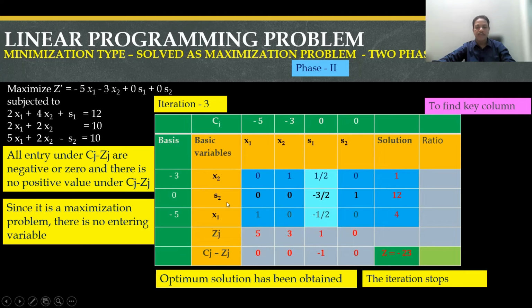So we have the final answer as x1 is equal to 4. We'll see the value in the solution column. X1 equal to 4, x2 is equal to 1, and s2 is equal to 12. We do not have S1 in the solution. It means S1 is equal to 0, and S1 is a non-basic variable.